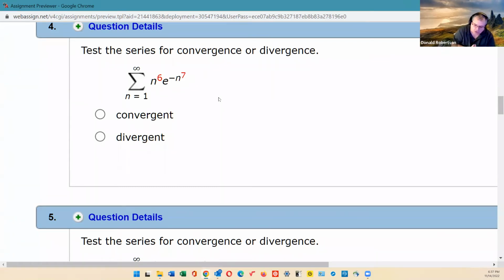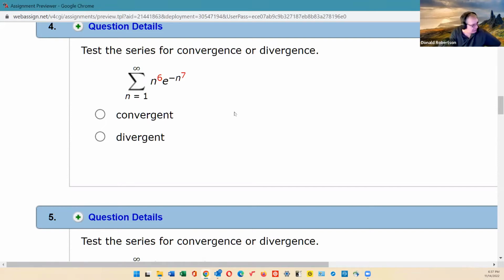If the series looks like something you could integrate relatively easily, like a u-sub or an integration by parts, that would be a good choice. So if you gave me 2n over n squared plus 1, I could do the integral test on that, for example.